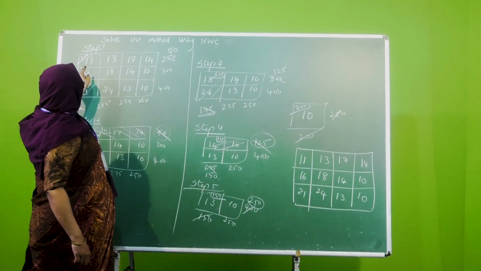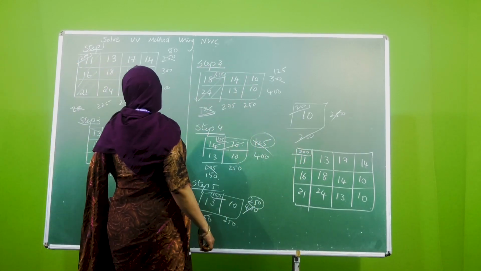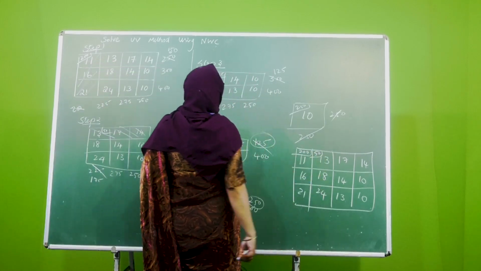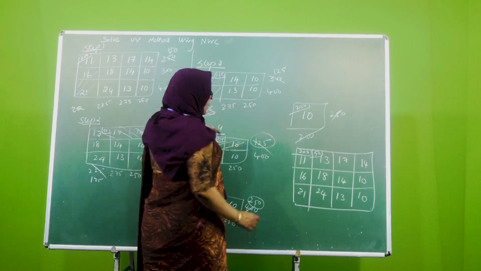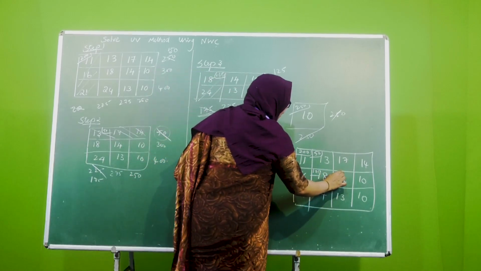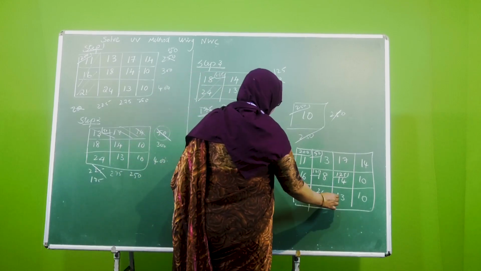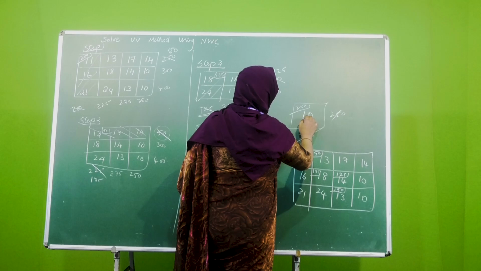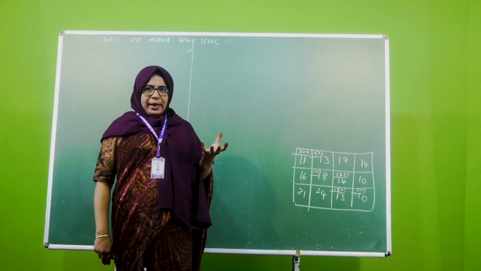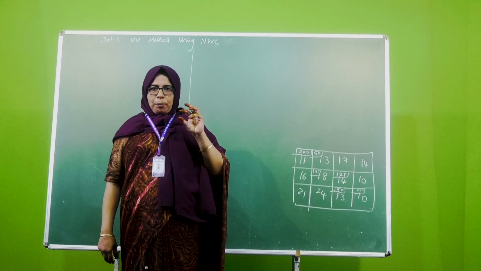The allocated elements are 11 with 200, 13 with 50, 18 with 175, 14 with 125, 13 with 150, and 10 with 250. Now we are going to find the optimum solution using the UV method.